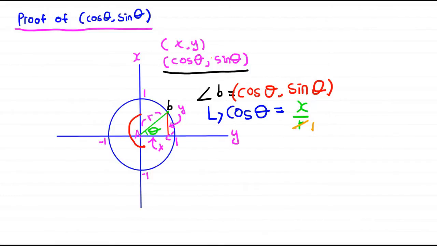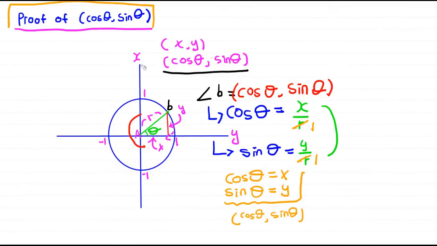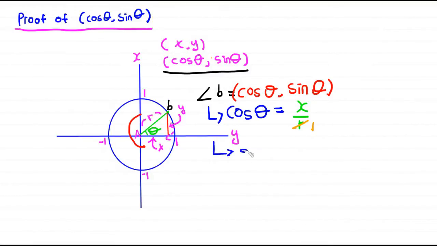And for sine, sine theta is just going to be equal to Y over R, same thing as we did in the cosine, and the R will be cancelled out with the value of 1.